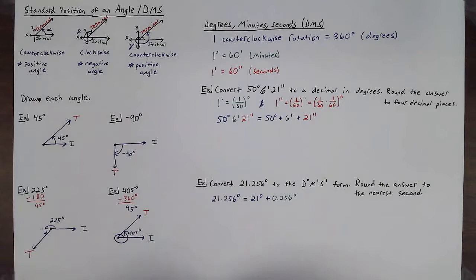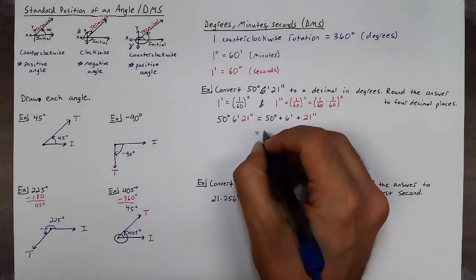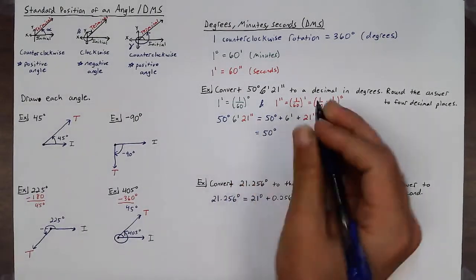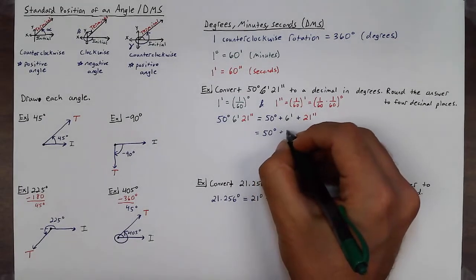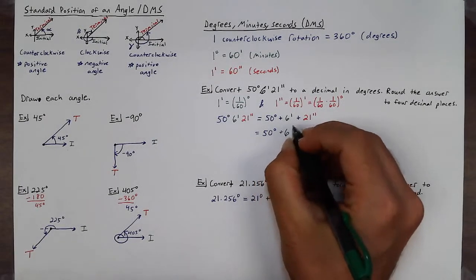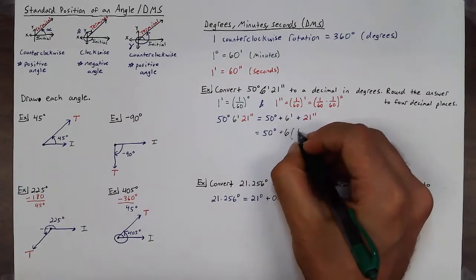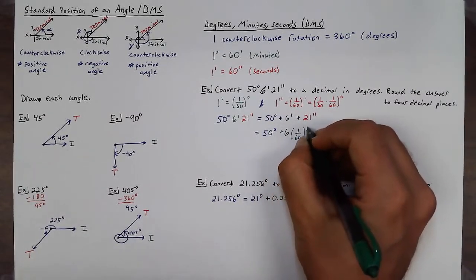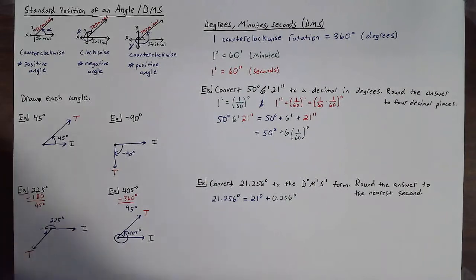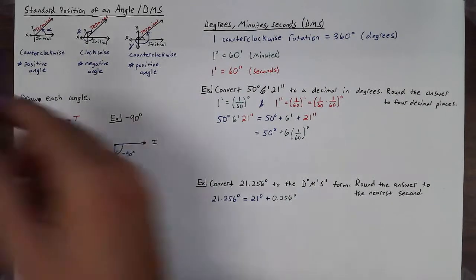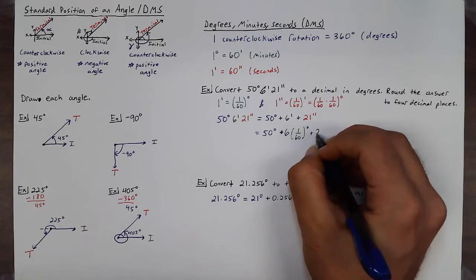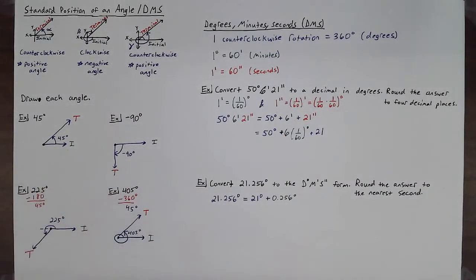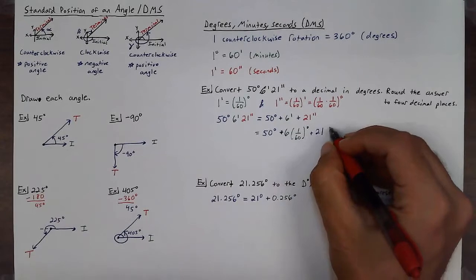So as I go through, I don't need to change 50 degrees, but I'm going to look at 6 minutes, and I'm going to change the minute to 1/60th of a degree. Then I'm going to look at 21 seconds and change the second into a 60th of a 60th of a degree.